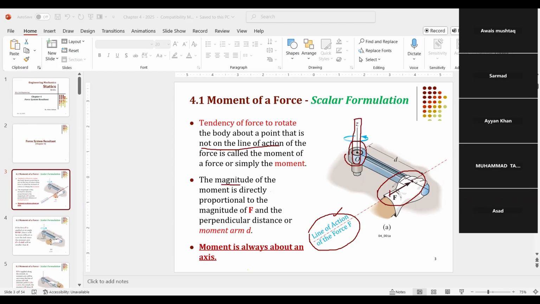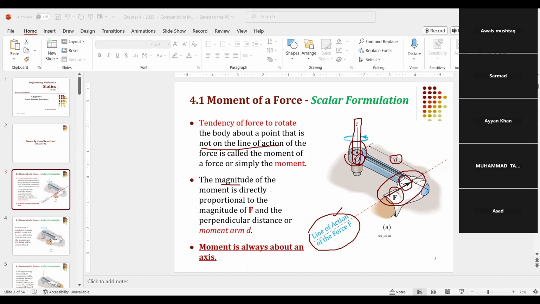Simply multiply the magnitude of this force with the perpendicular distance d. And you see right here, the angle is 90 degrees, for the distance with respect to the point for which you want to determine the moment.